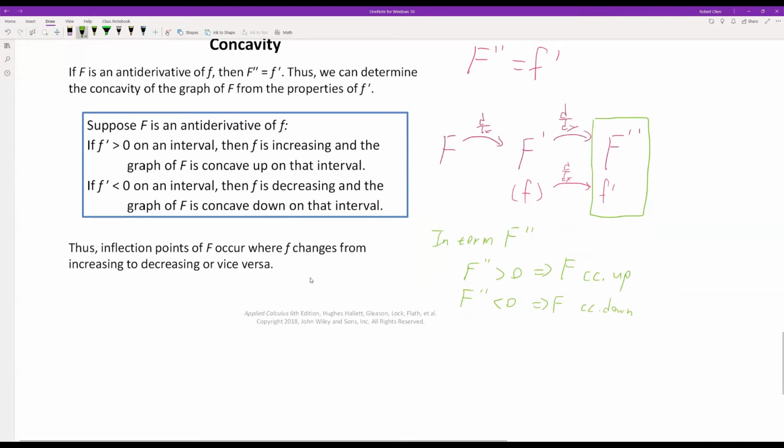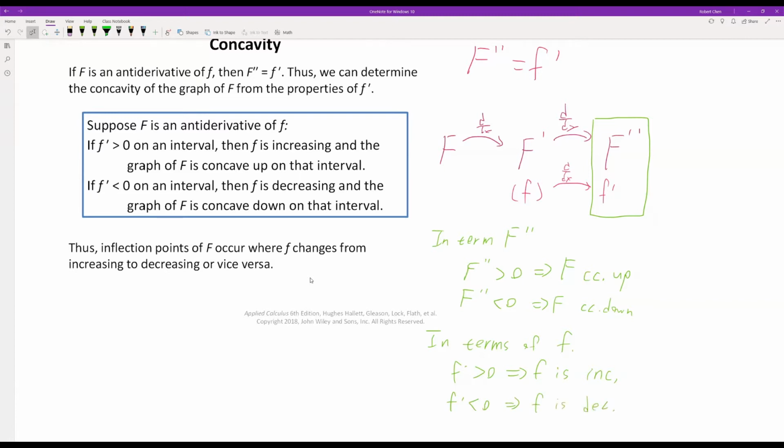However, if we look at it in terms of lowercase f, then f prime positive means lowercase f is increasing. And if lowercase f prime is negative, that means lowercase f is decreasing.